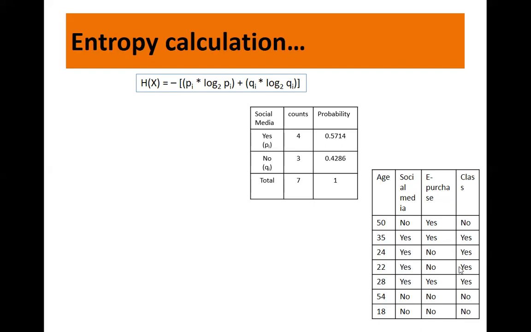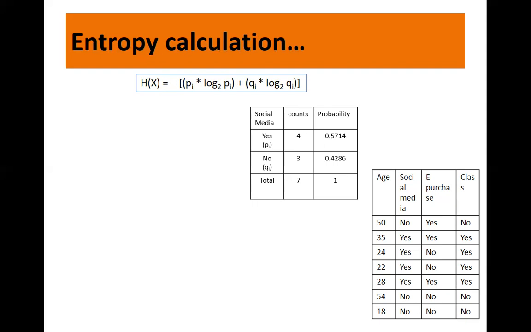The class labels are the same as the labels of social media. So out of 7, 4 samples have yes as the class label, and 3 of them have the class label as no. So we calculated the probability of yes, that is Pi, as 0.5714, and Qi as 0.4286.